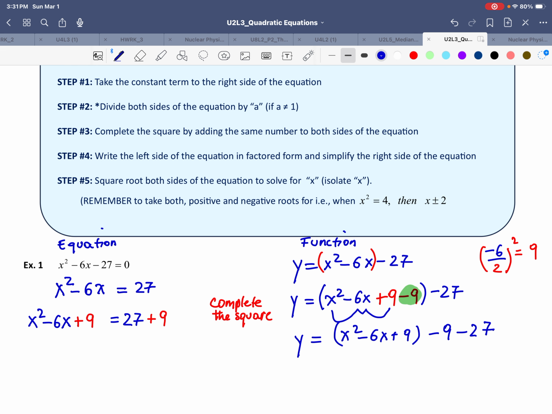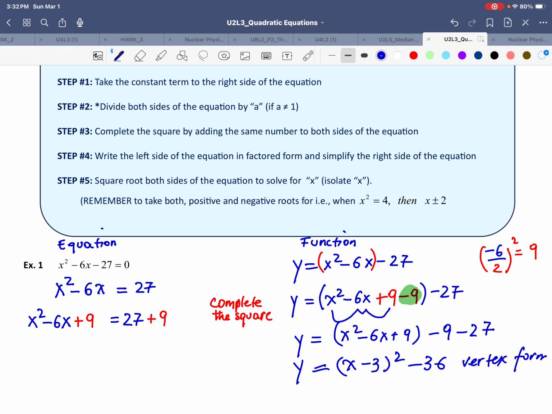The reason why we did this is because we want, after completing the square, to make it into a power of 2, which is (x minus 3) squared, and then minus 36. And our job was done in here. We completed the square, converted the function to vertex form. So we have arrived here, okay?